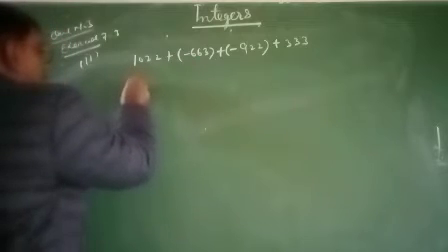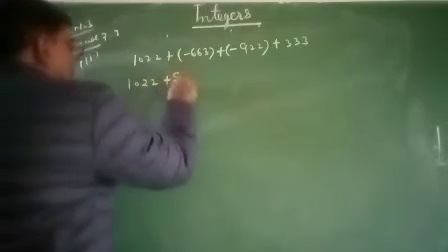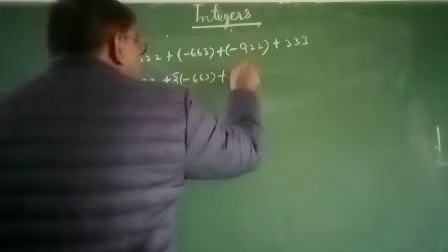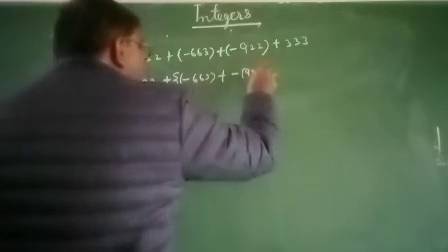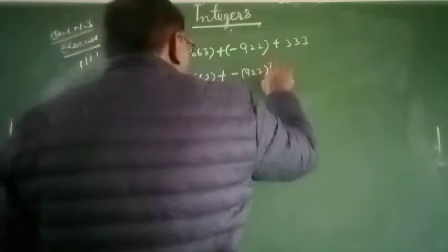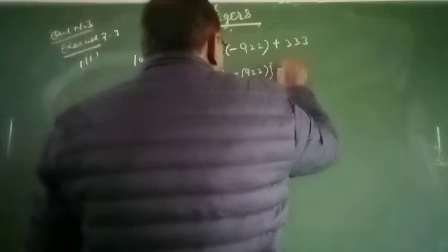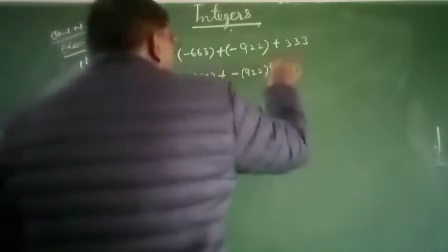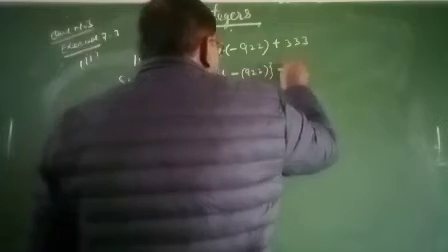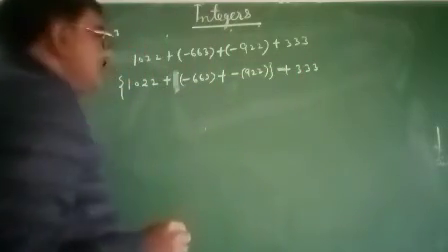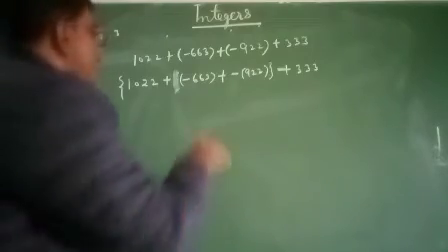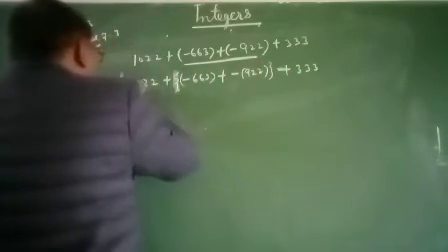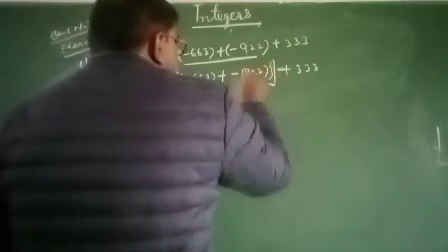So how to write this? 1022 plus minus 663 plus minus 922 plus 333 by the associative law. Suppose that this is one number.